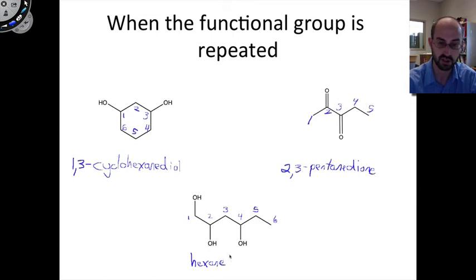The suffix is ol, and there are 3 of them, so it's triol. And we just have to put in the 1, 2, 4. You'll note that the numbers are separated by commas, and the number word is separated by a hyphen.